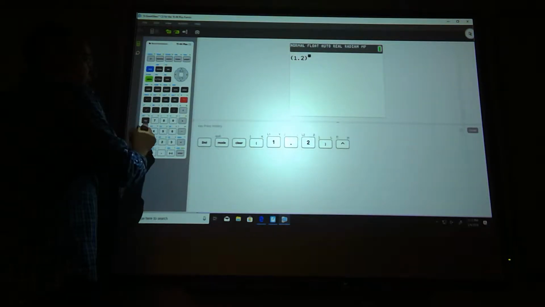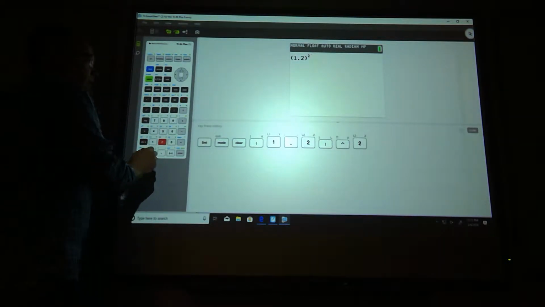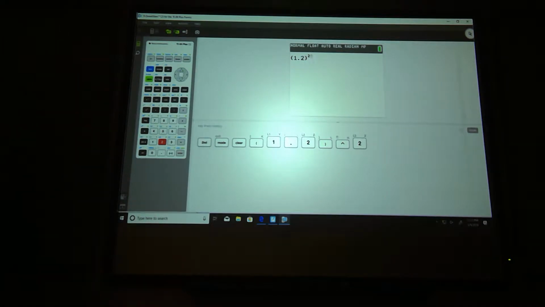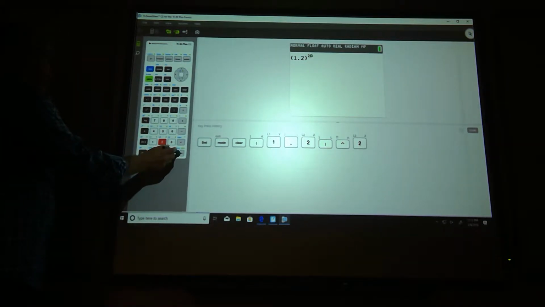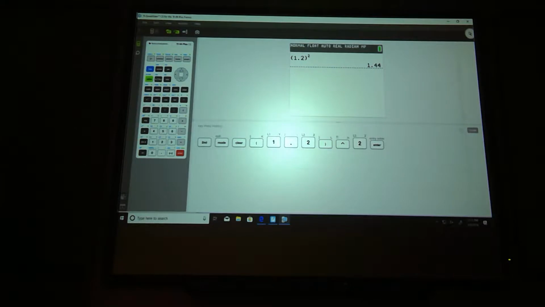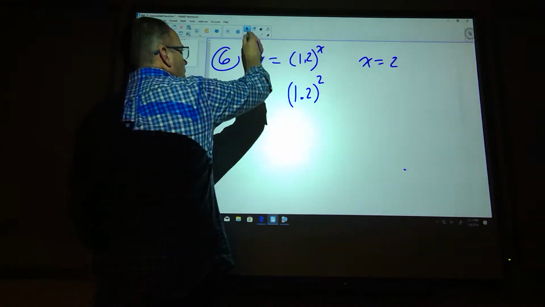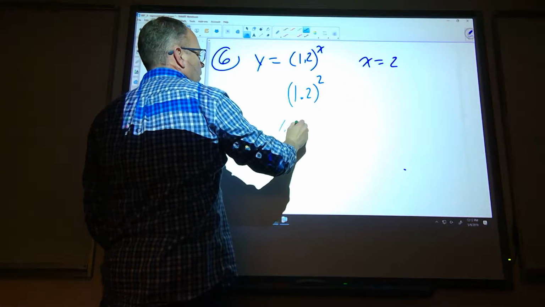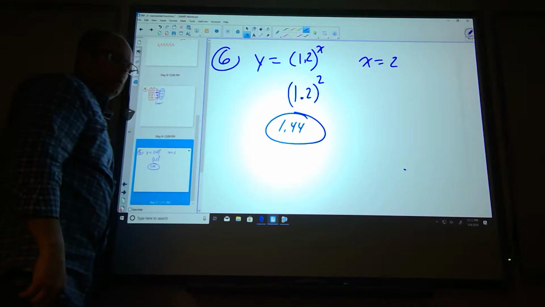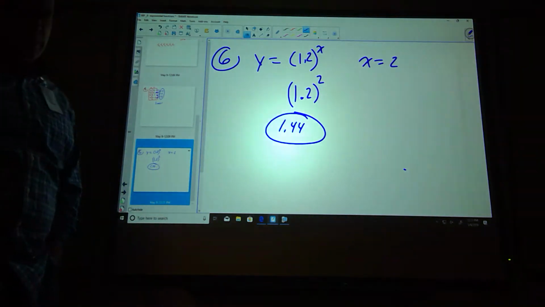And what number am I plugging in for x? 2. So that's an exponent. That means it's 1.2 times 1.2. So it should come out to 1.44. Yep. Cool. So 1.44. Are we allowed to use the calculator on that? Yeah. Yep.